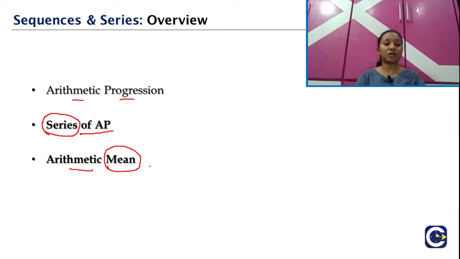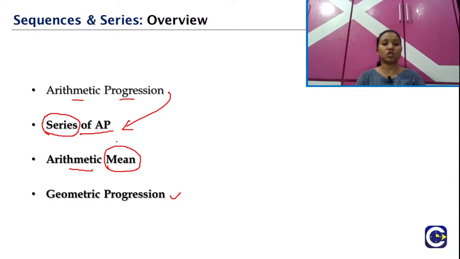And apart from the arithmetic mean, there will be a new concept that we will be learning under this arithmetic mean in today's session. Once we are done with arithmetic mean, we are getting into our next concept, that is geometric progression here, right? We have already started with the arithmetic progression, and then we are going to study the series of AP and then the arithmetic mean.